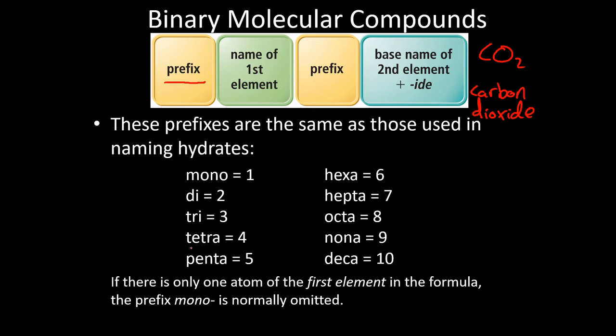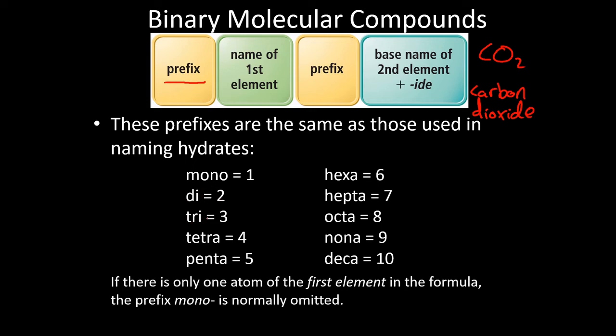I'm not sure if tetragon is a phrase that's normally used. It might be technically correct, but most people would just call it a four-sided shape, a square. But anyway, the mono, di, tri, and tetra are a little bit different than what you would think of with shapes, but they are still pretty self-explanatory.